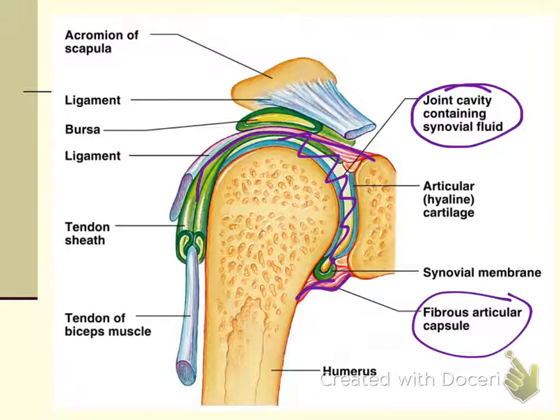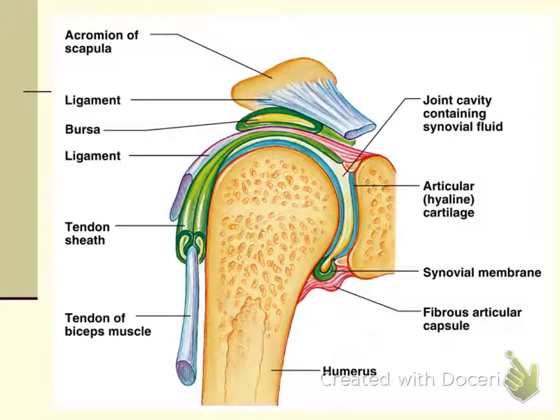And that space is not empty, it is filled with synovial fluid. Synovial fluid is created by synovial membrane, which lines the inner covering of the joint capsule. The joint capsule is reinforced with a layer of ligament. And just outside the ligament, outside the joint capsule, would be an extra cushion called the bursa.